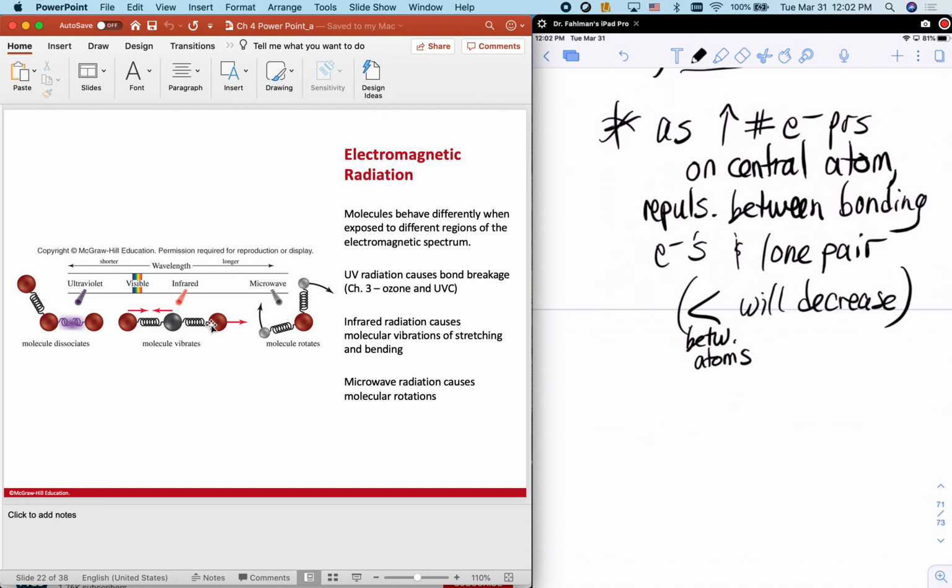So the only thing that'll happen is, if you think of bonds as little springs, you can either stretch or bend these springs. We call those molecular vibrations. And then microwave is even lower energy, so you can't even bend or stretch these bonds, but it just rotates the whole molecule. So again, we are going to talk about molecular vibrations.